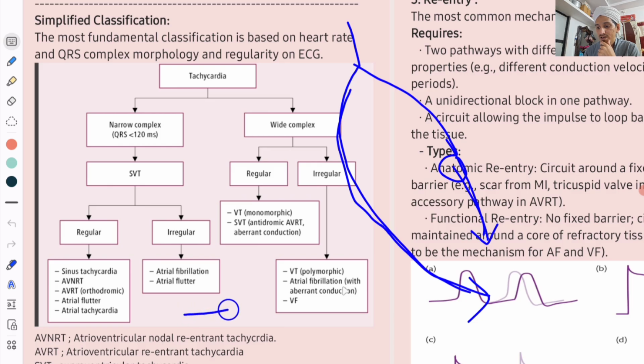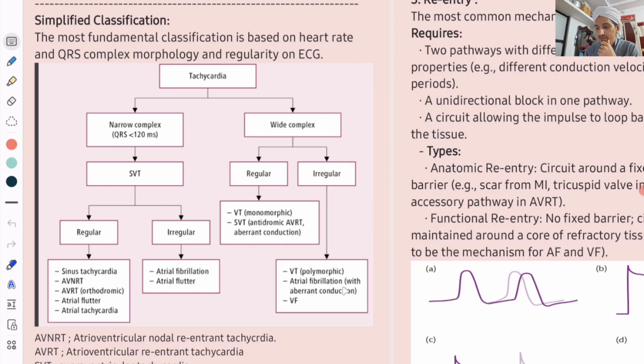So the P wave is immediately followed by a QRS complex, and that QRS complex has slight slurring like this, then the T wave.